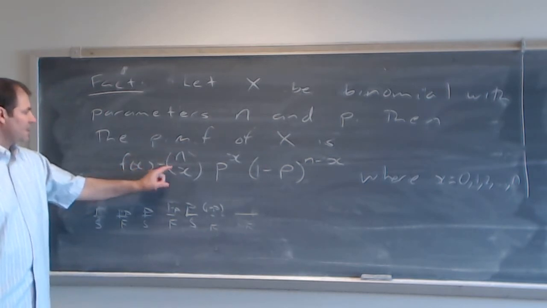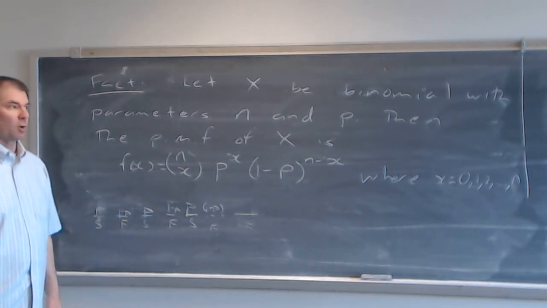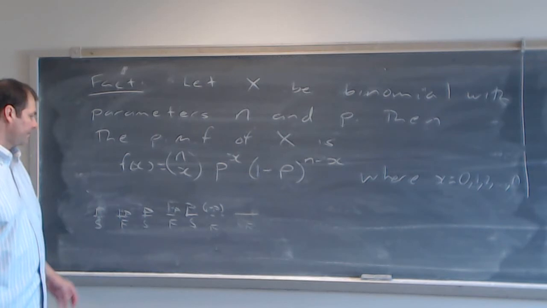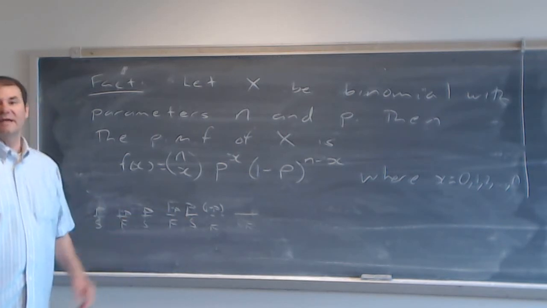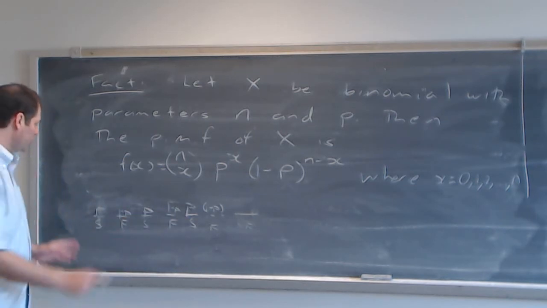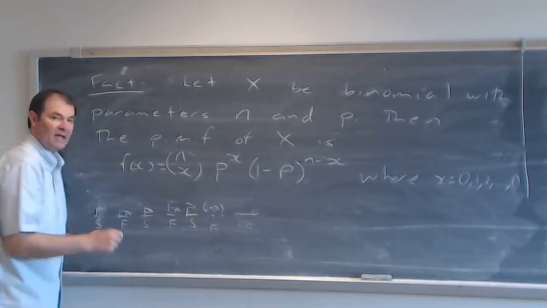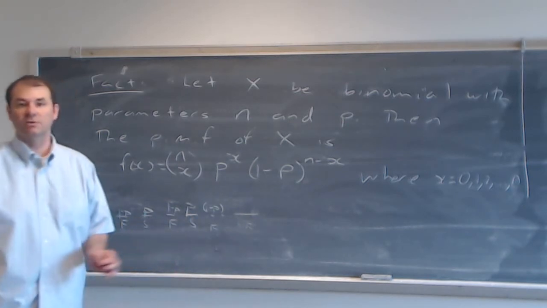The question may be, why do we have this n choose x part written out in front? Well, this is only one way to get 3 successes. You could have had your successes appear on any 3 of the n trials.